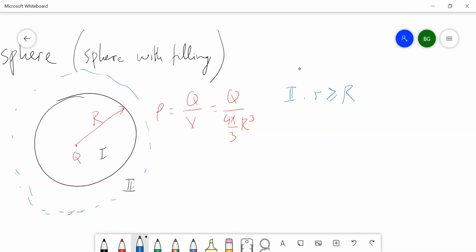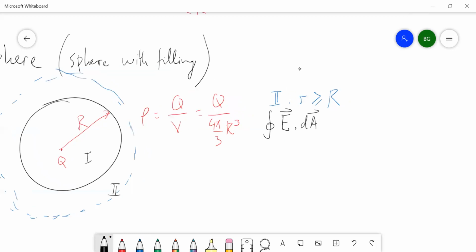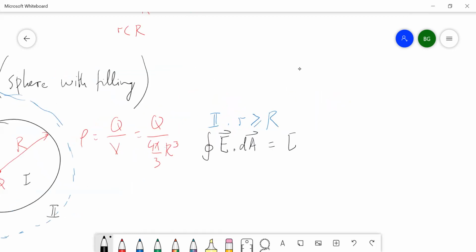Okay. As your friend said, this Gauss surface is also a thin sphere, only a surface. So we have E times 4 pi r squared. What about Q enclosed?